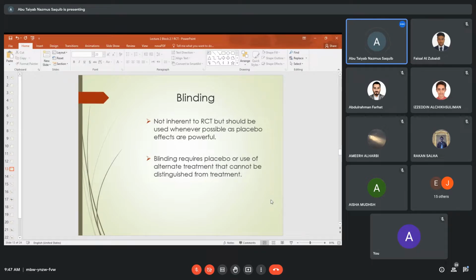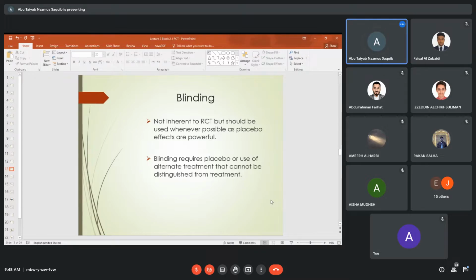Blinding, very, very important. Blinding is whatever intervention you are assigning, the participant should not know. The investigator should not know. And I will explain why they should not know.